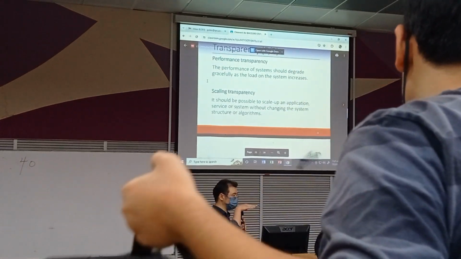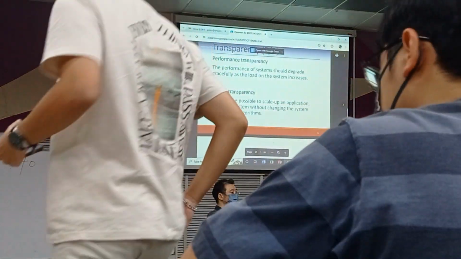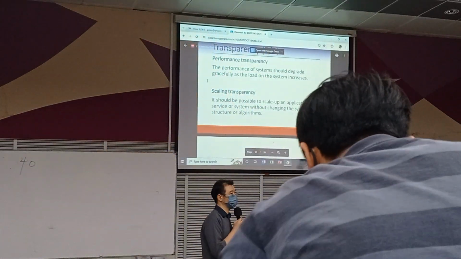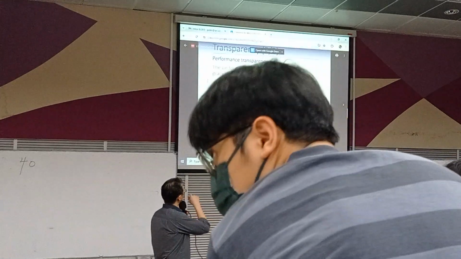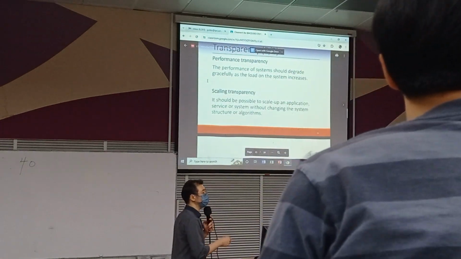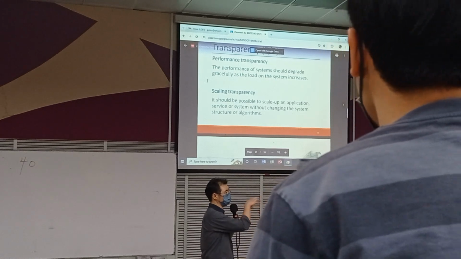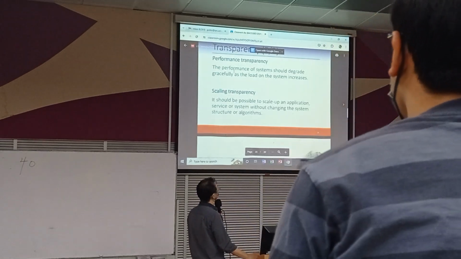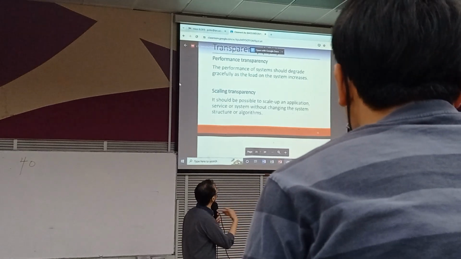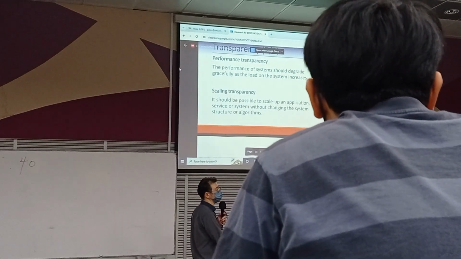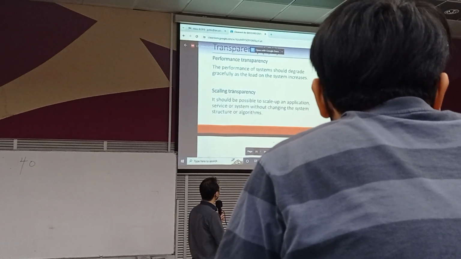Now when it sees that the server is overloaded, it migrates some of the users to another server, so that you will not degrade the performance. Okay? So whenever it detects that the performance is degraded, it starts to shuffle things around. Okay, so that is performance transparency, without telling you that things are being changed in order to improve or to maintain the performance.